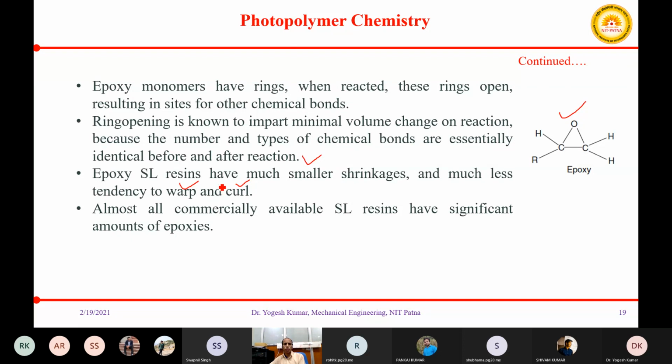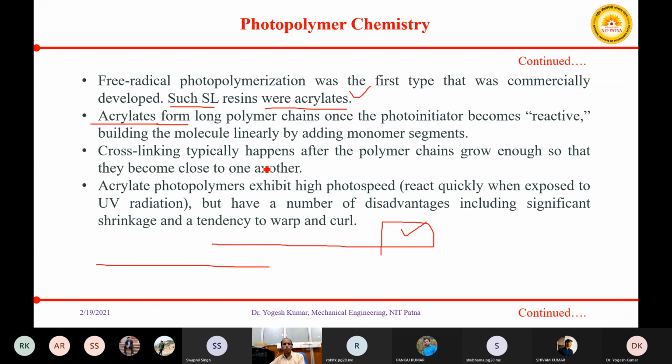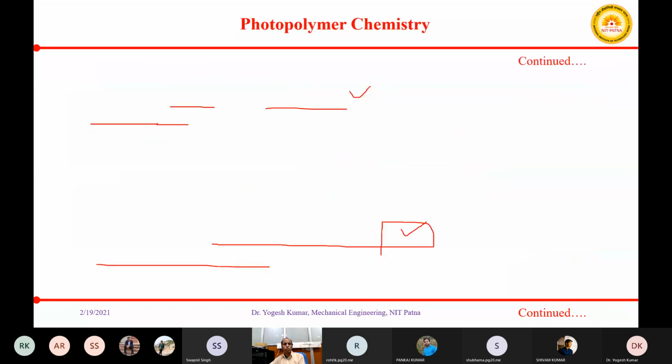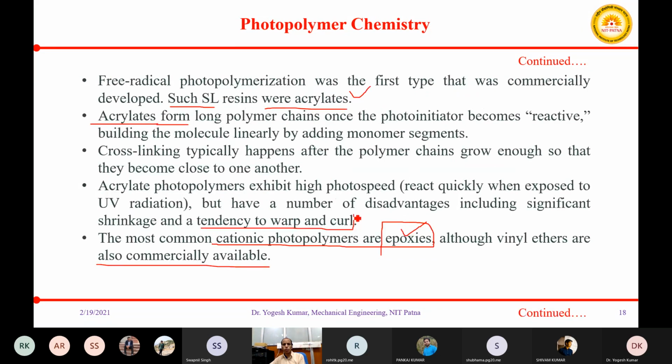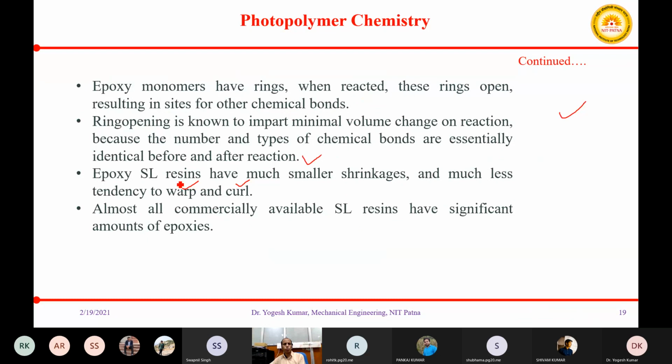Okay, so in the previous type of photopolymers, that is in acrylates, we had the problem of warping and curling, but in the case of epoxies, this problem is not there, because shrinkage is very less in the case of epoxies as compared to acrylates. So epoxy SL resins have much smaller shrinkage and much less tendency to warp and curl.